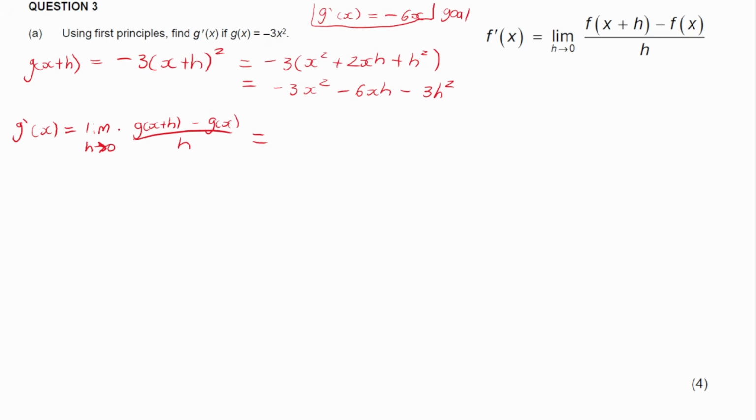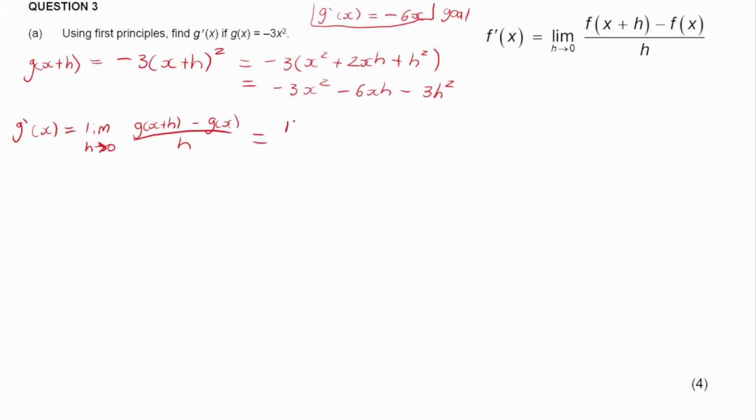Firstly, let me talk about this limit thing. I know it's annoying, but you have to keep writing this limit as h tends to 0 until the h is gone and you've substituted h equal to 0. So it has to keep being there. You have to be careful and take note of it. I know it's annoying, but it's important.